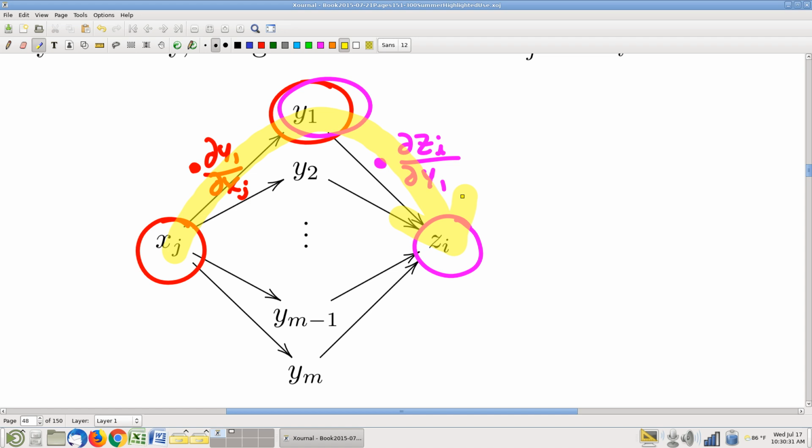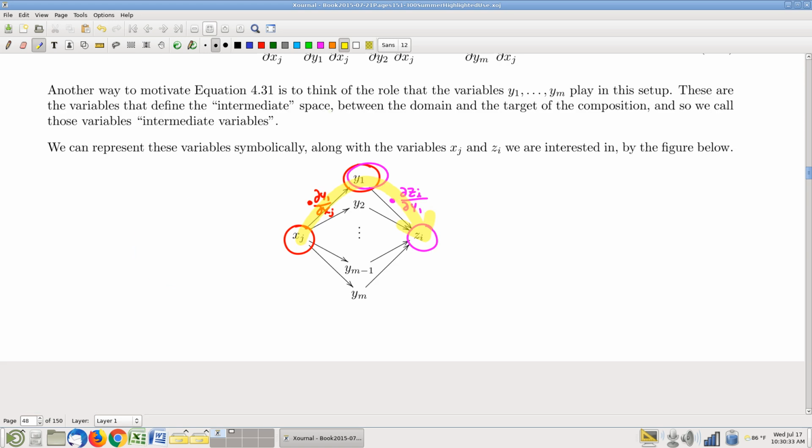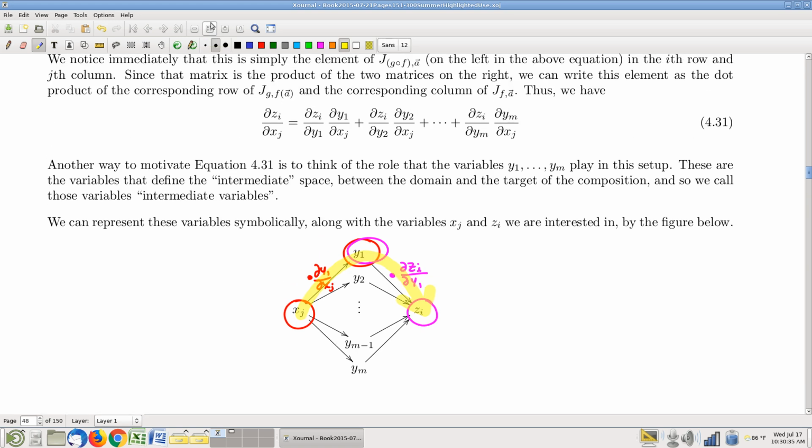And you can see that product right here in this term of that equation that we just wrote down. You can see the partial of y1 with respect to xj right there, and the partial of zi with respect to y1 right there. Yeah?